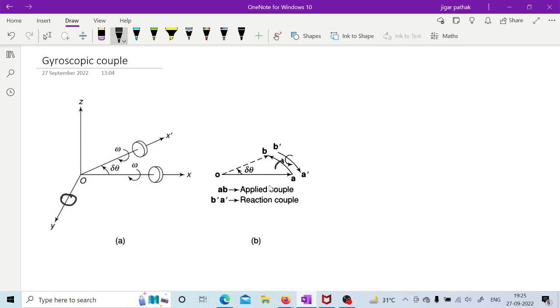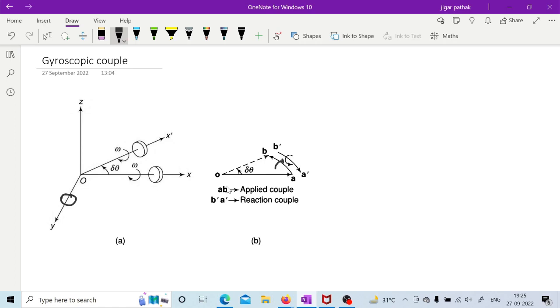AB is the applied active gyroscopic couple, and B dash A dash is the reactive gyroscopic couple. Because of the reactive gyroscopic couple, your component will have different effects that we will discuss.